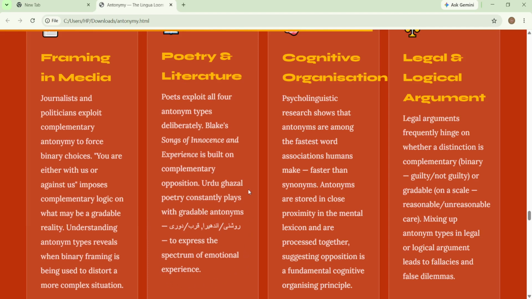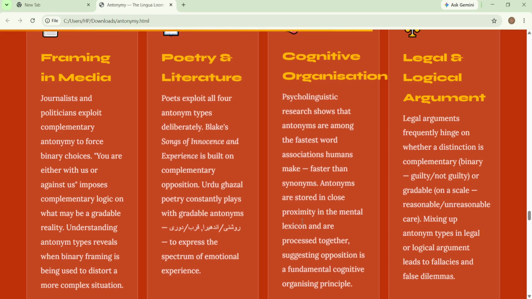In poetry and literature, poets exploit all four types of antonyms. Blake's Songs of Innocence and Experience is built on complementary opposition. Urdu ghazal poetry constantly plays with gradable antonyms like roshni and andhera to express the spectrum of emotional experience. Then cognitive organization.